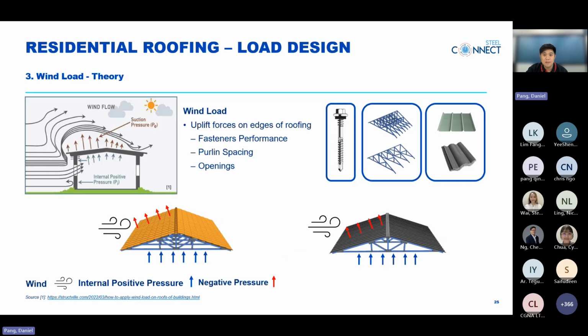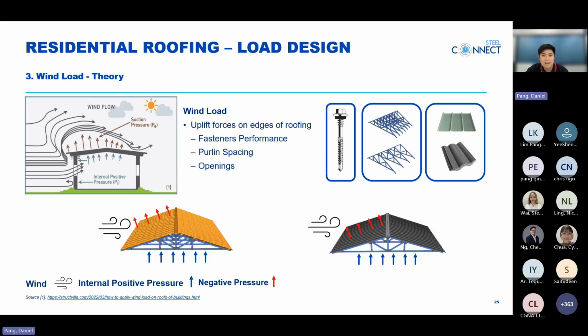Now, on the most unfamiliar part, which is wind load. So firstly, we need to understand the wind load diagram. As shown here, when the wind blows on the left side of the building, air will be pushed into the building, causing it to have positive pressure internally, pushing the roofing upwards from the inside.